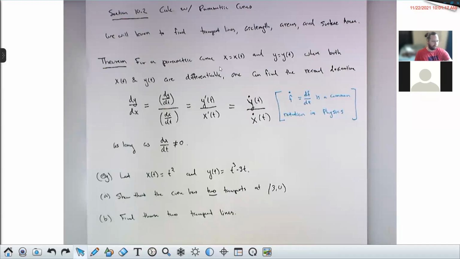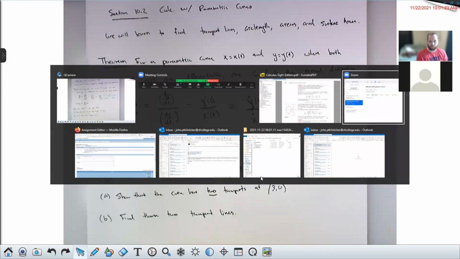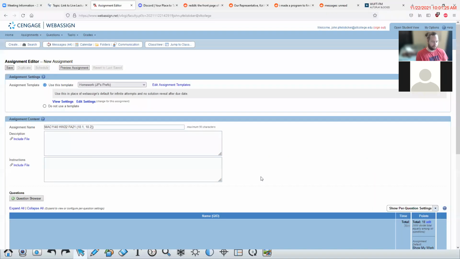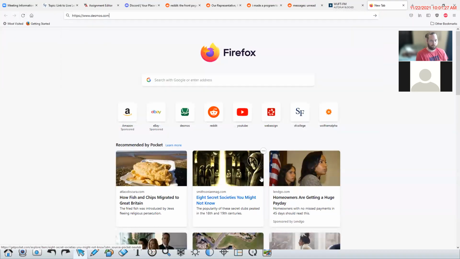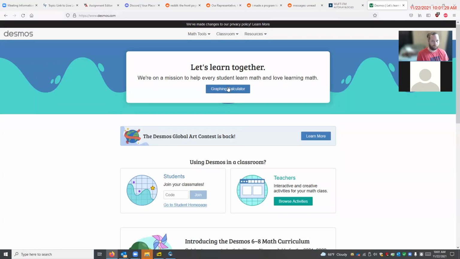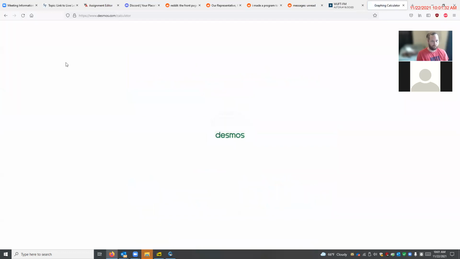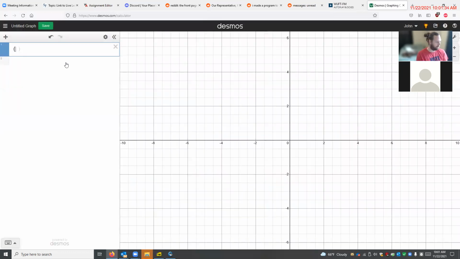Okay. Just for fun, before we dive in here, let me take a look at the graph of this thing. I think it will help us to understand what they're saying. x is t squared and y is t cubed minus 3t.